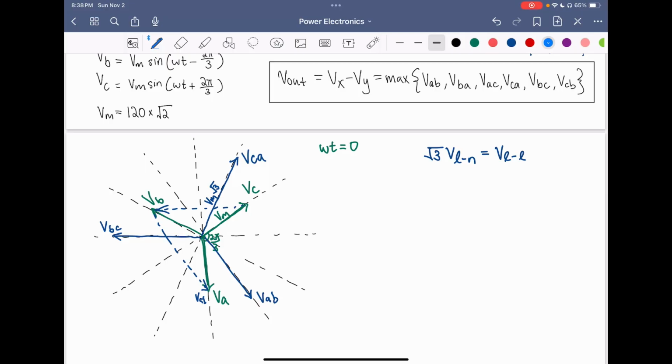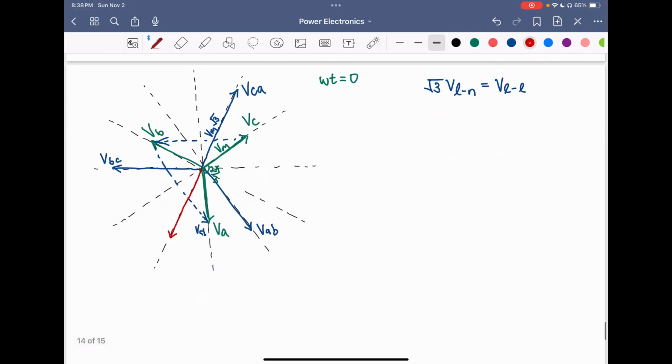And to find VAC from VCA, it's just going to be the vector that's directly opposite it. So VAC is just going to be the same direction, but in the opposite way. It's VAC. Likewise, VCB is going to be opposite to VBC. So this is VCB.